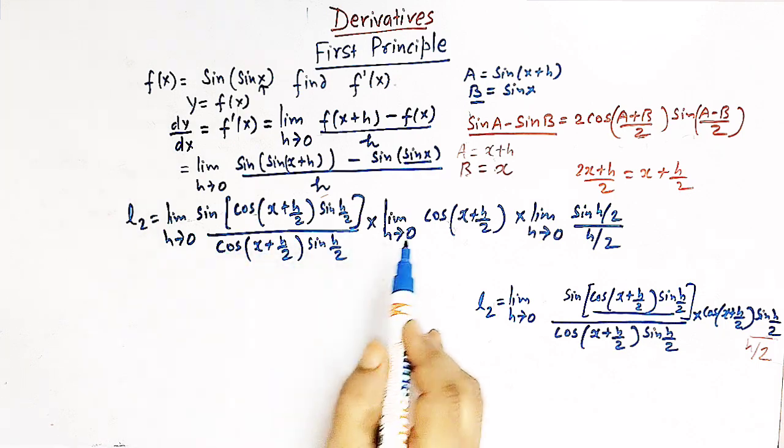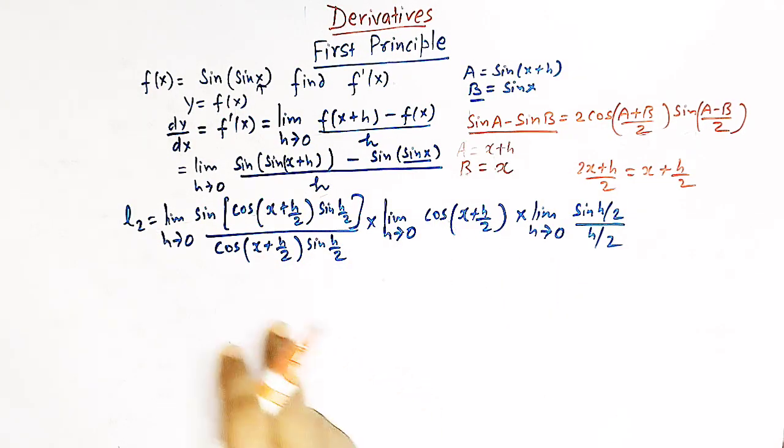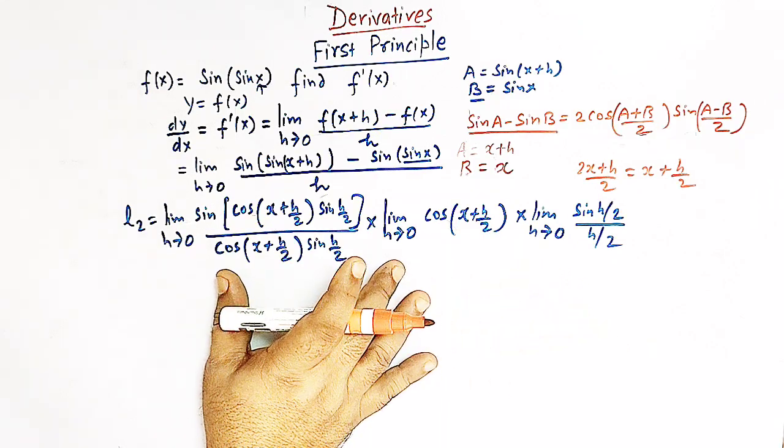So now we have the product of three limits. Let us evaluate these three limits one by one.